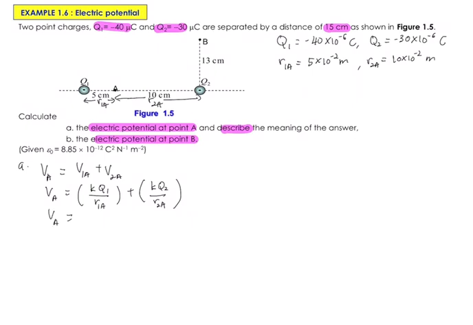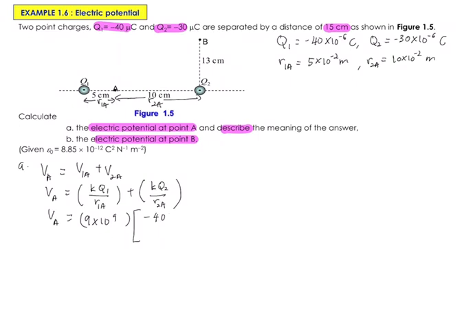So, substitute value. K you can put outside, so 9 times 10 power of 9 here. And then Q1 is negative 40.